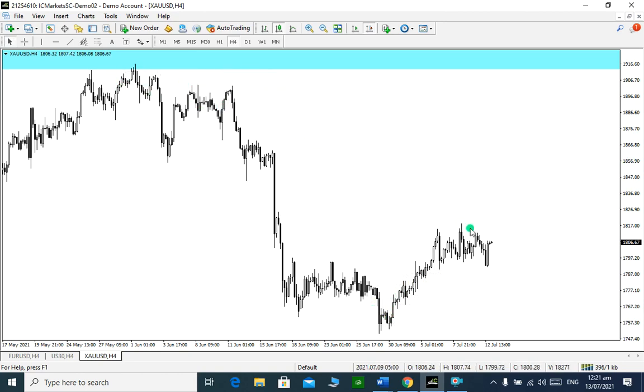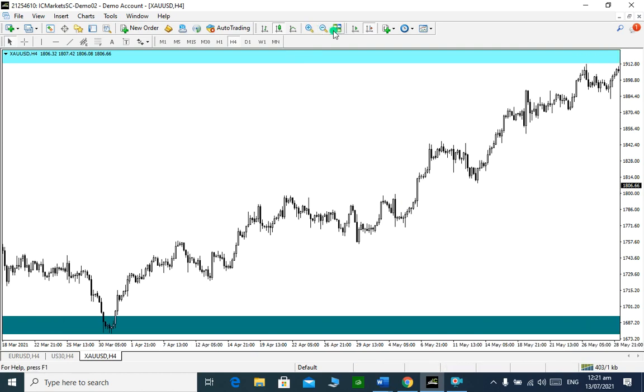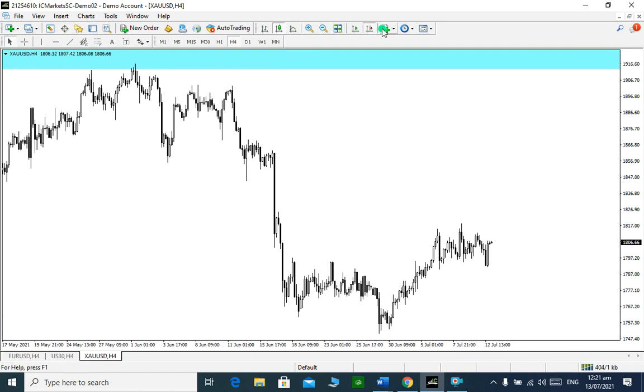The market has respected structure here, at the same time here as well. Let's reduce this and see what we can see. You can see the market has respected structure here, taking off to the upside, respected structure, and came down. So let's see how we're going to trade off this particular structure.